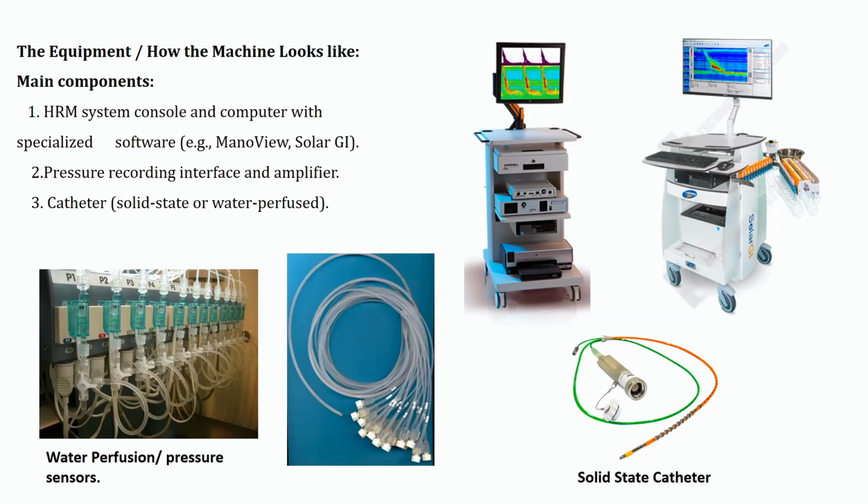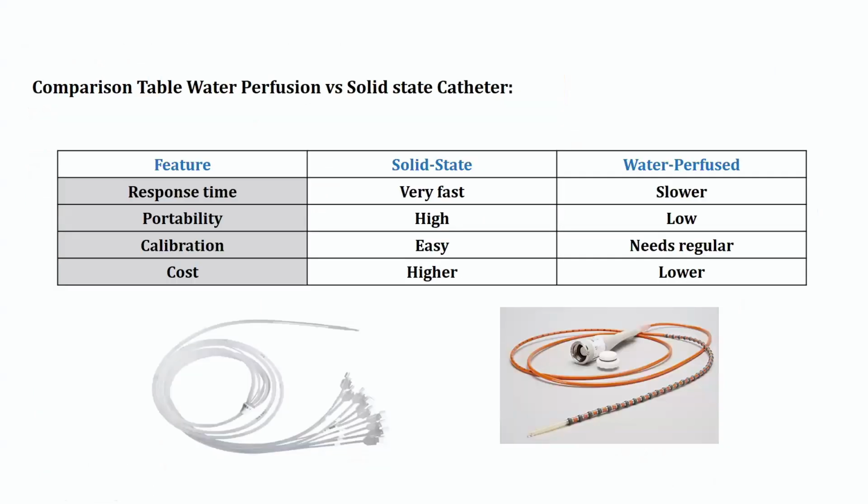Water perfusion is more economical, but it's slower. You can get some artifacts from bubbles. And if you want detailed motility or rapid events, you should go for the solid state catheter. It gives you more precise real-time data. Is that fair to say?